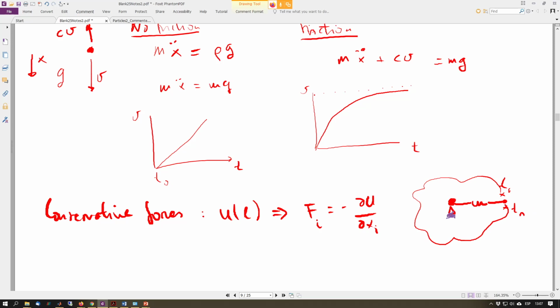If this is fixed, the potential will be exactly the same because the length has not changed. It happens with gravity too, because there is a potential associated to the height. If I go to the same height, I will have the same potential energy, and the force being created is, so to say, conservative.